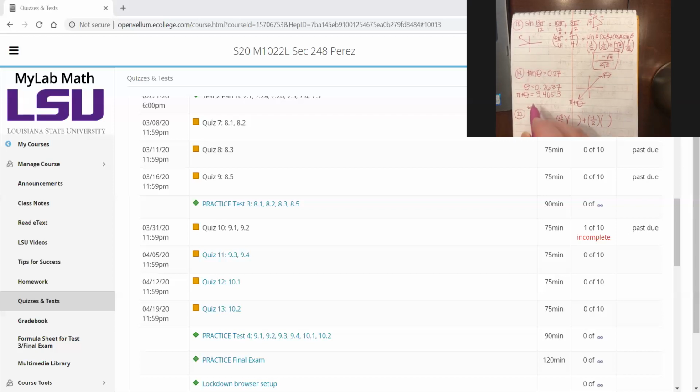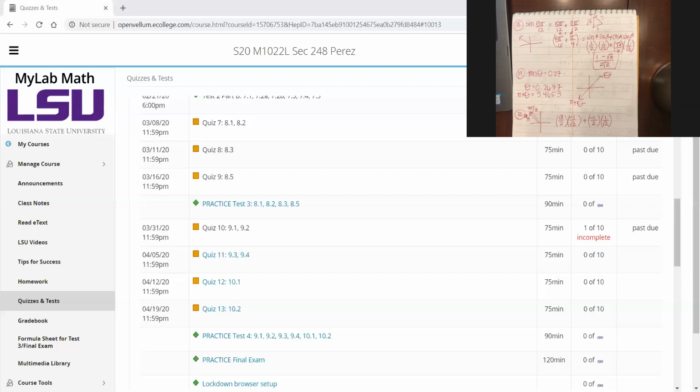Okay, and then we got 3 pi over 4, which is also right here. So again, sine will be positive. Sine of 3 pi over 4 is 1 over square root of 2. Cosine will be negative, so negative 1 over square root of 2. So that goes right here. Square root of 3 divided by 2, negative 1 divided by square root of 2, negative 1 over 2, and then divided by square root of 2.